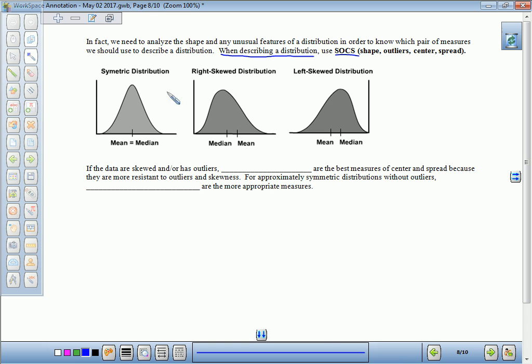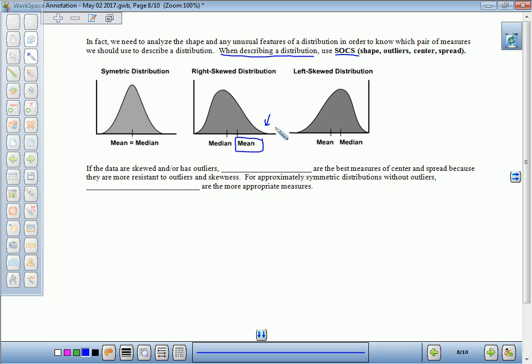Okay, now, do you see this is done on the computer, so it's beautiful. When we have a symmetric distribution, the mean and the median are the same. But when our data is skewed right, when the tail of the data is to the right, the mean gets pulled to the right. Do you see how the mean is to the right of the median?